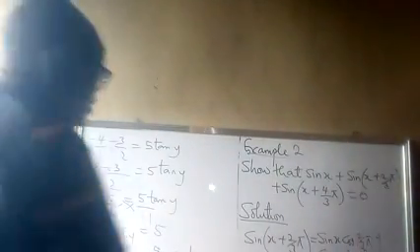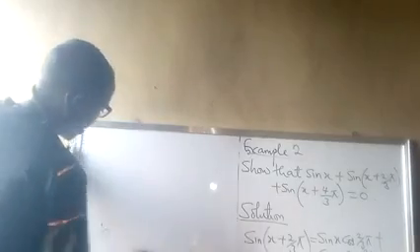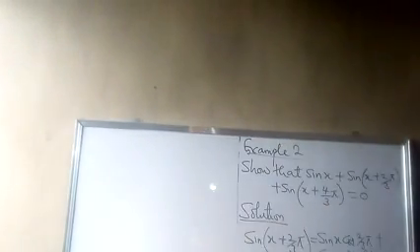Now, we need to observe something here. We have pi, so we have to convert our pi to 180 degrees so as to be able to get the actual value of the evaluation.